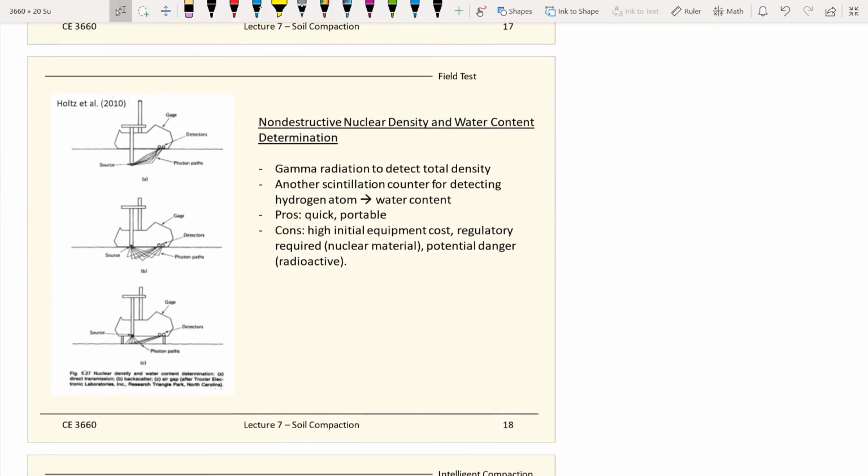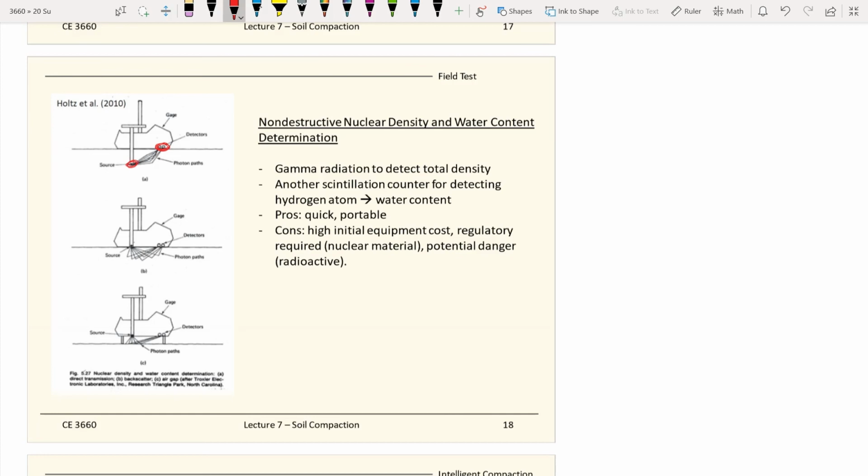Okay, so the nuclear gauge, how does it work? The way it works is this is a nuclear device that releases gamma radiation. So this is the nuclear gauge, and you've got a detector right there, and also a source of radiation.